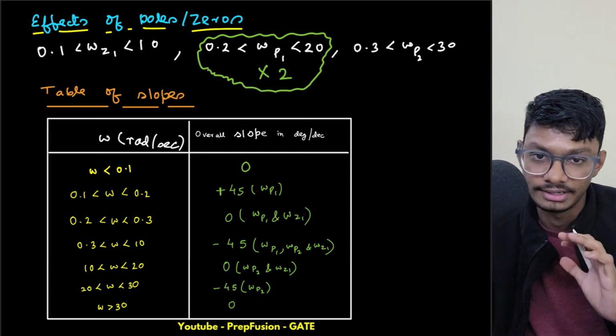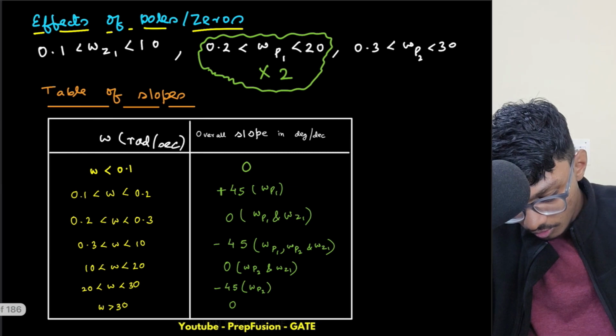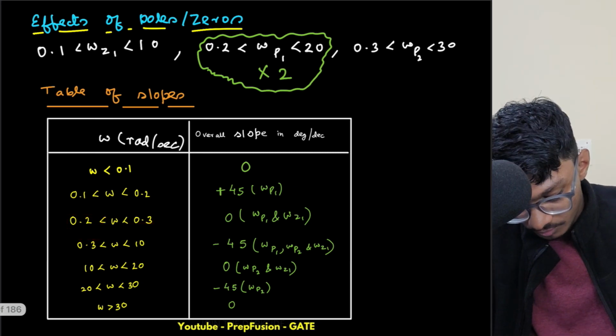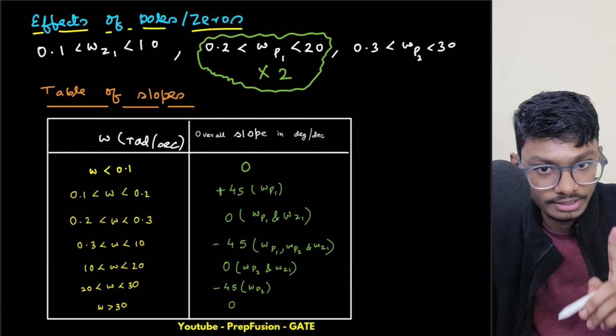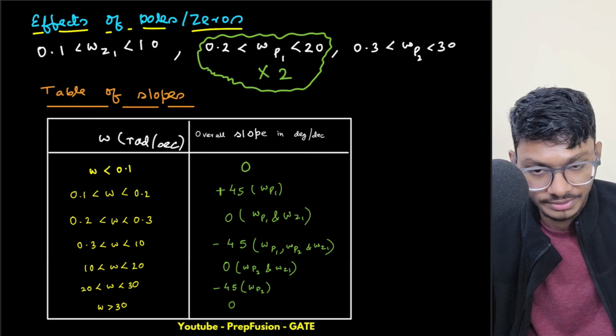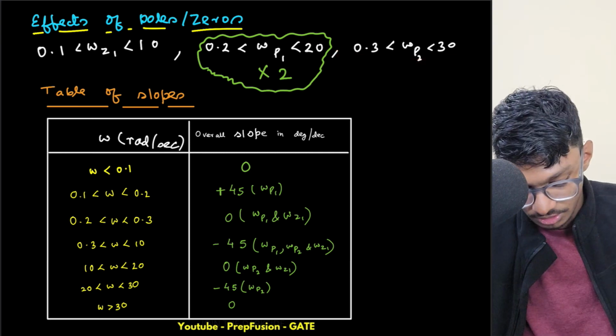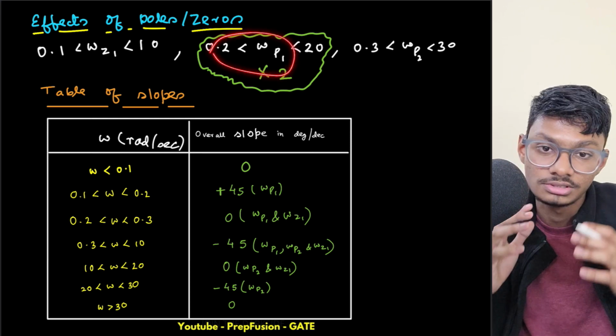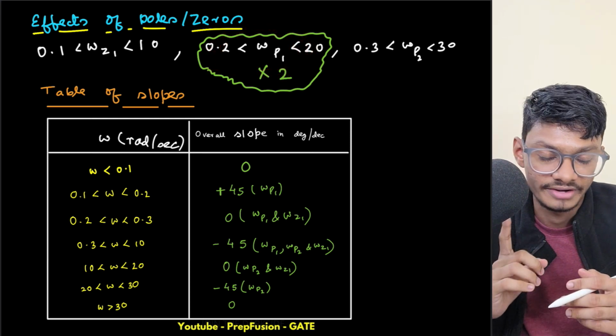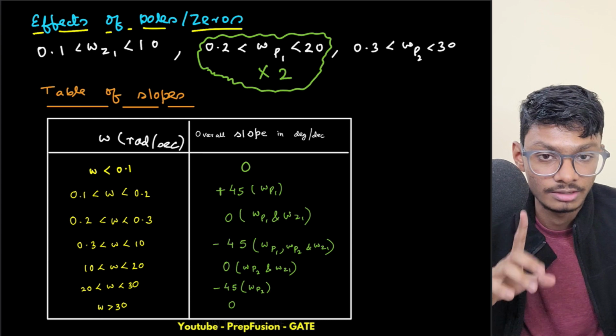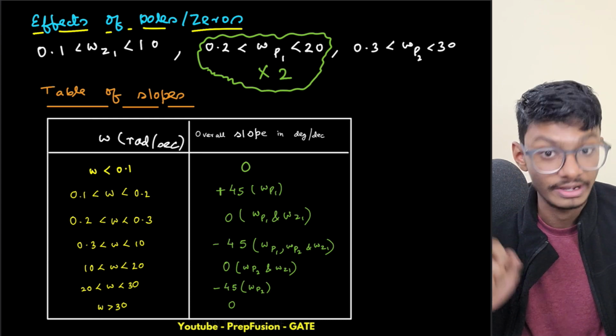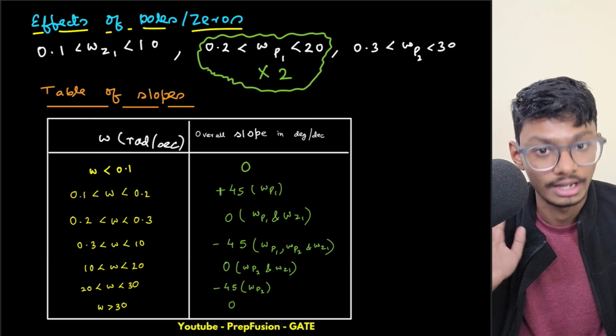Okay, just highlight this one. Now from 0.2 to 0.3, the effect of these two poles is coming and the effect of the zero is also present, but this pole is still not present. So what is this two-pole slope providing? These are providing me minus 90 degree per decade. One pole gives minus 45, another pole at the same location provides another minus 45.